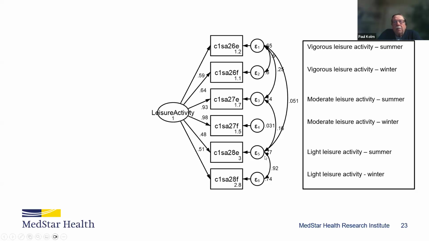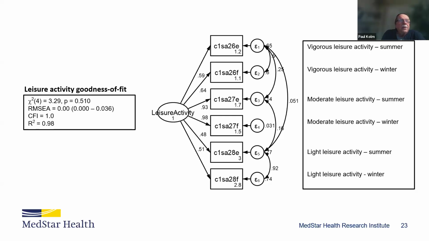Whereas you can see the correlation between light activity in summer and winter is highly correlated. So what we want to look at then is how well this model fits the data, the 6 items about leisure activity. If we look at our goodness of fit, we can see that this is doing really great.